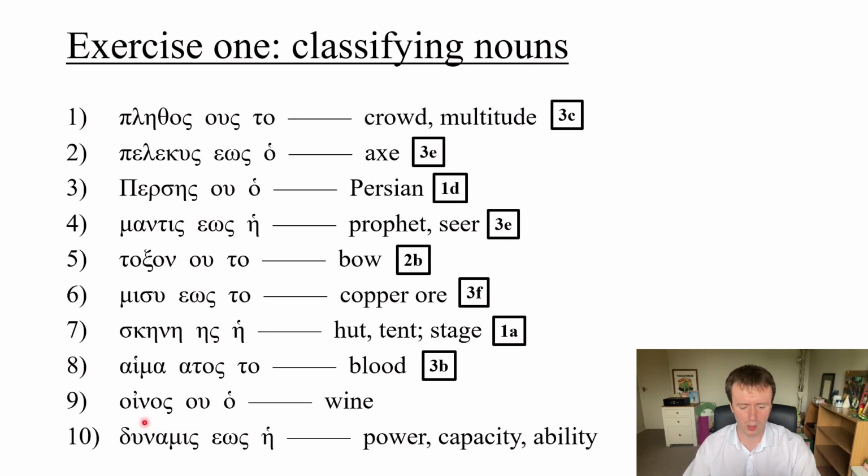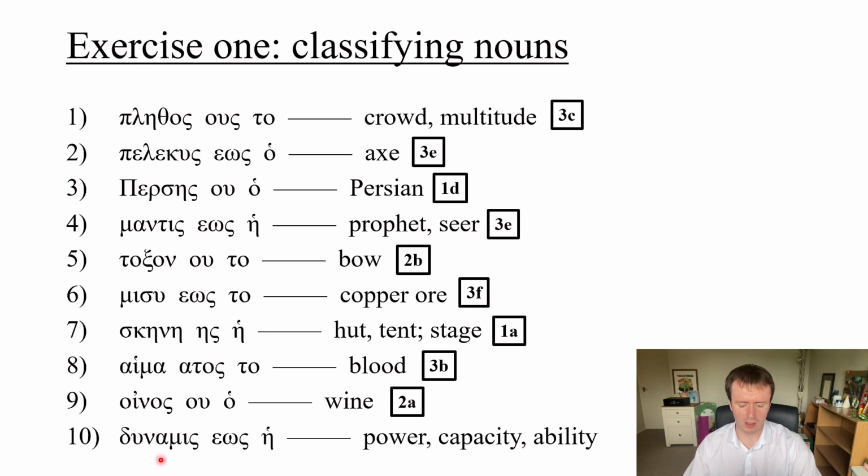Number 9 is oinos, which means wine. Oinos is a 2A noun. We know that because its nominative singular ends in -os and its genitive singular ends in -ou. And like most 2A nouns, it is masculine. There are some feminine 2A nouns and some common gender 2A nouns, but most of them are masculine.